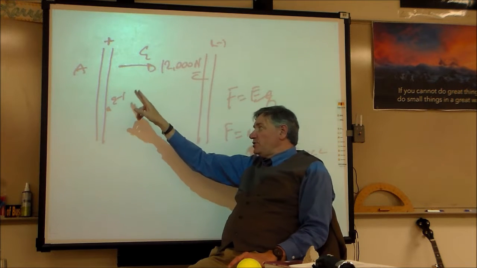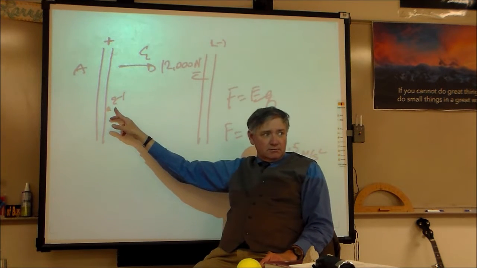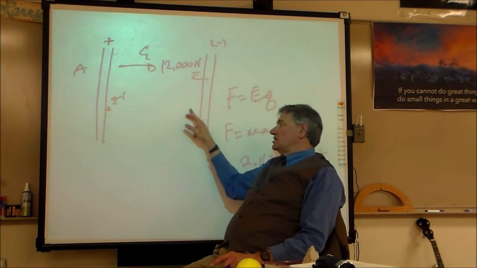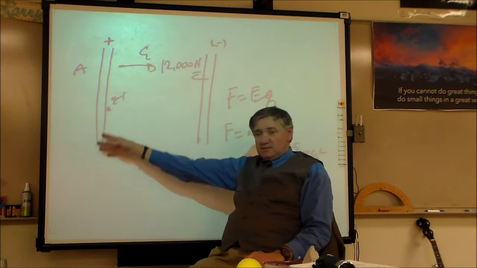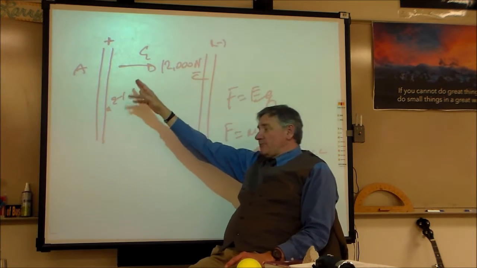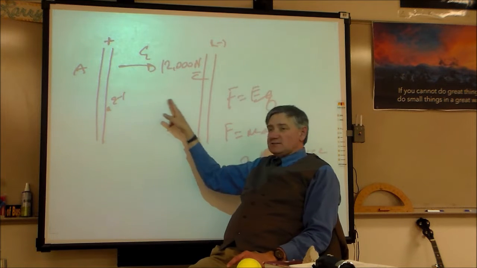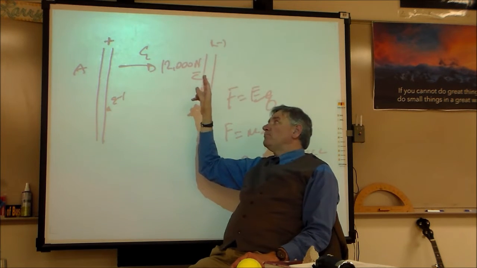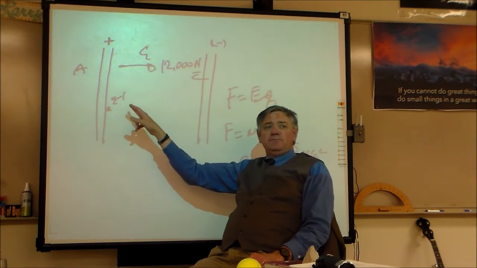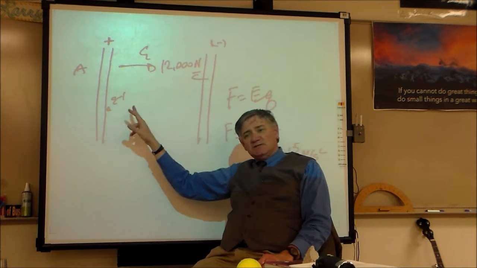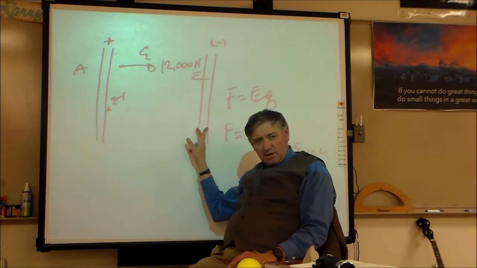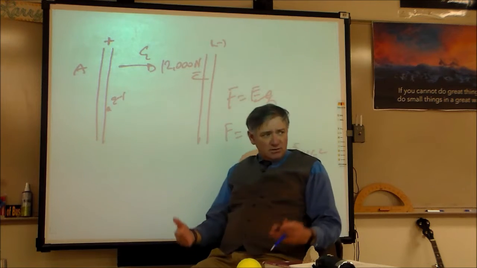So if you put a proton in here, that proton is going to get pushed in that direction because that's the positively charged plate. And if you put a proton in there, it's going to speed up. But you don't. You put an electron in there. So what's the electron going to do? It gets shot across there and it's going to slow down.